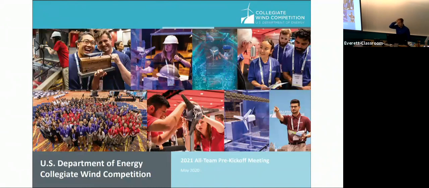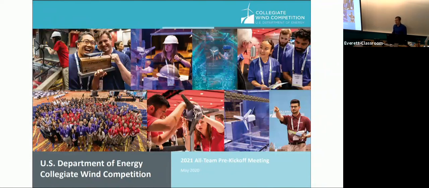Up to this year, to get into the competition, the faculty at a university have to write a proposal for the students to be involved in the competition the following year. And we wrote the proposal as WSU Everett, partnered with Everett Community College, which is a community college located right across the street from where we're at.